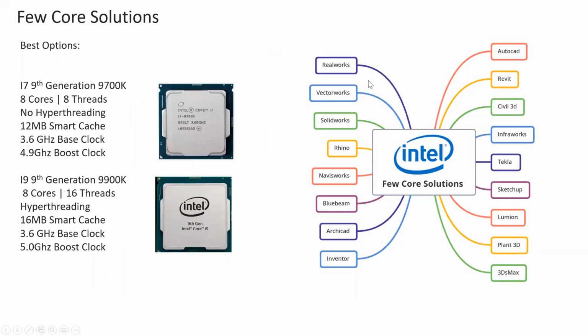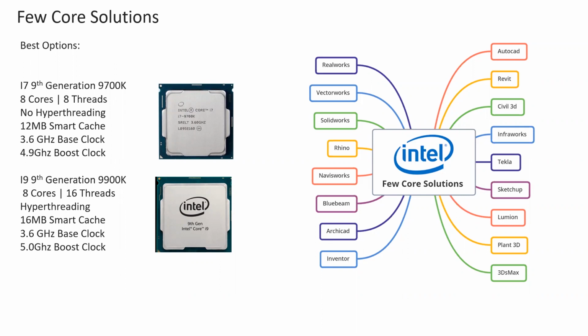We want to talk about few core solutions and some of the CPUs that are out there on the market. Right now, you're going to see all these programs on the right. When we talk about few core solutions, these are the ones that we're specifying. I'm not great at PowerPoint, but we will have a PDF sheet, and marketing will be distributing it after this, so you will get some of the information in a packet.